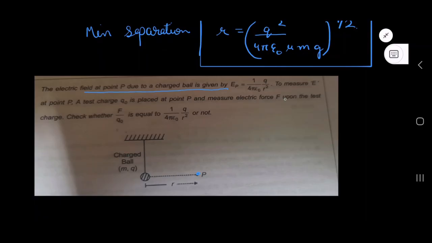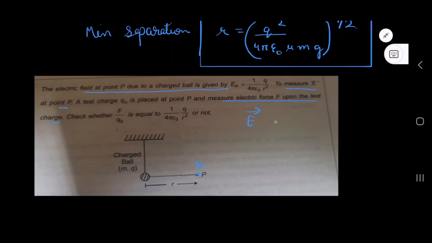So further the question says to measure electric field at point P, a test charge Q naught is placed at point P. So we keep a Q naught test charge over here and measure the electric force upon the test charge. Check whether this force upon Q naught is equal to this expression or not. It means that indirectly they are asking that force upon Q naught is what? It is electric field, right?